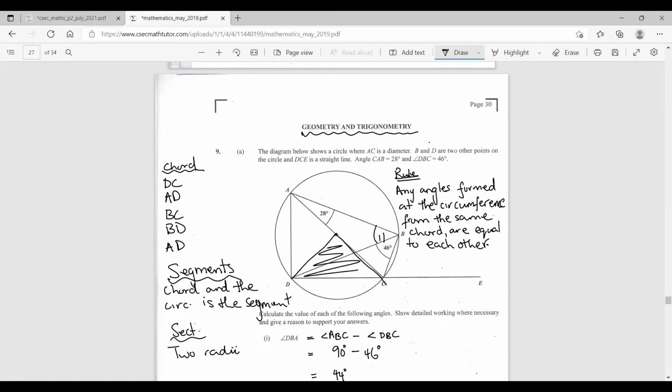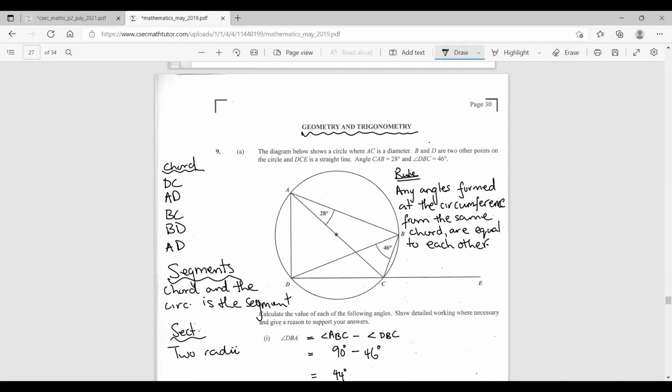This will be a sector, because this is a radius and this is a radius, and we're going to the center of the circle. This black space here will be a sector. So it's between two radii. So go back and watch your images and the questions we would have done before to review what sectors and all these different things are.